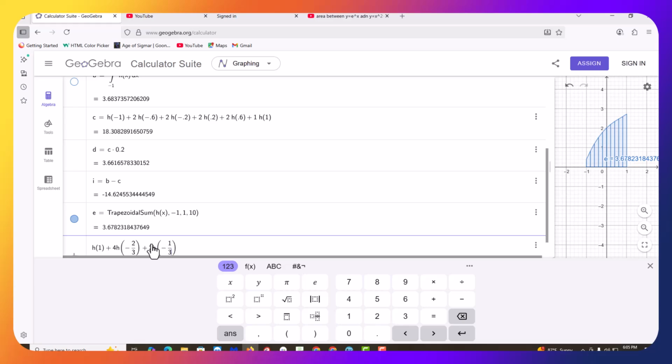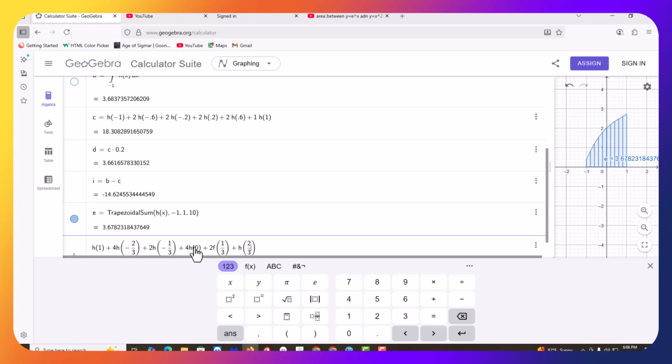Now we alternate, plus 4 times the function's value at 0, plus 2 times the function's value at a third. Then don't forget 4 times the function's value at 2/3.